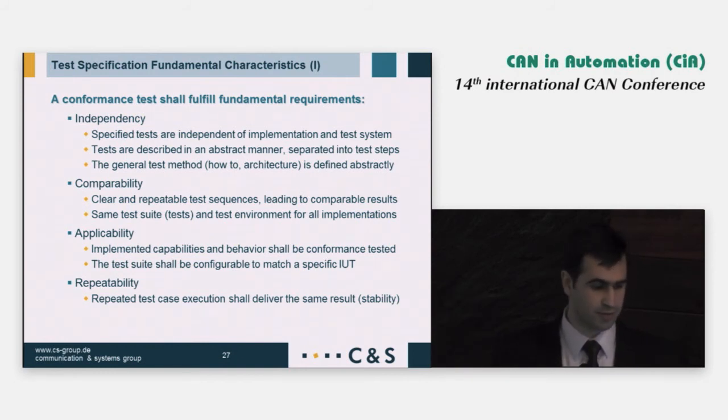Then, of course, comparability, clear and repeatable test sequences leading to comparable test results. And, of course, the test cases should be also specified in a way that the same test environment will run for all the different implementations.